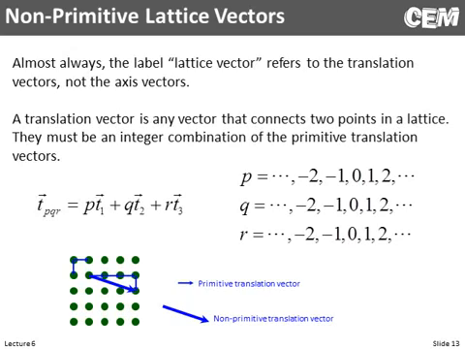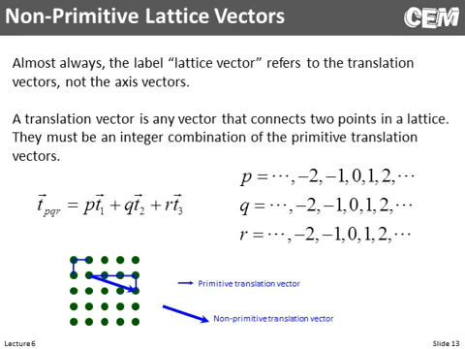So we have a good idea of what the primitive lattice vectors are. They are the smallest possible choice of lattice vectors, and they of course connect adjacent spheres, if you will. But a lattice vector in general can connect any sphere to any sphere. The important thing here is that the overall translation vector has to be some integer combination of the primitive lattice vectors.